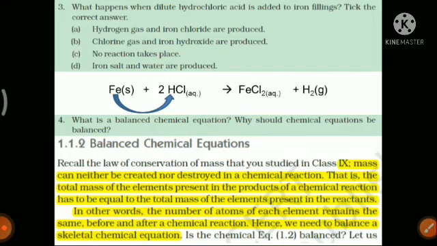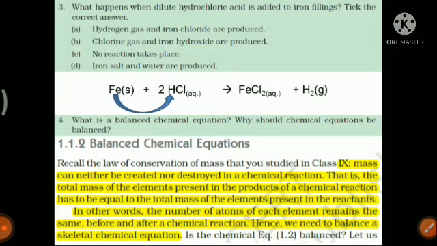Therefore iron will replace the hydrogen from hydrochloric acid to form iron chloride, FeCl2, and hydrogen gas. Okay, so this is a decomposition reaction, and due to the reaction between iron and hydrogen chloride, you will find the new products are iron chloride, that is FeCl2, and hydrogen gas.